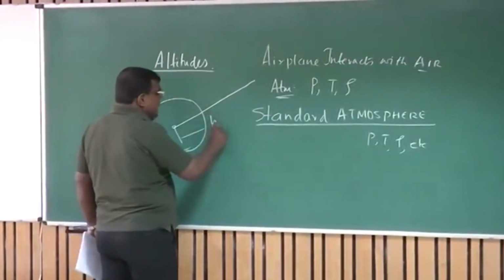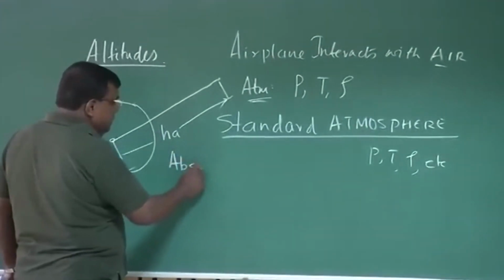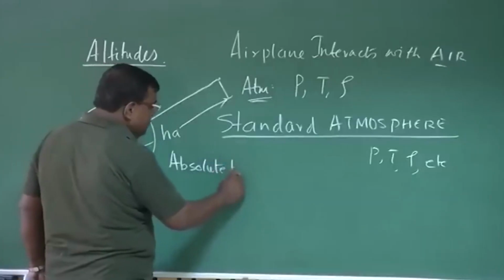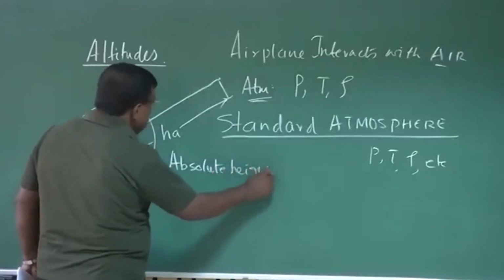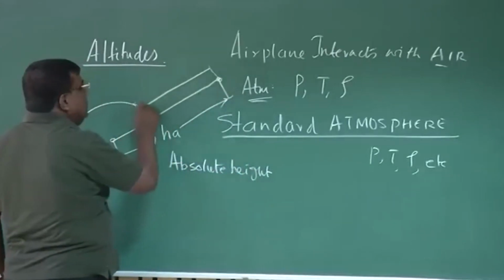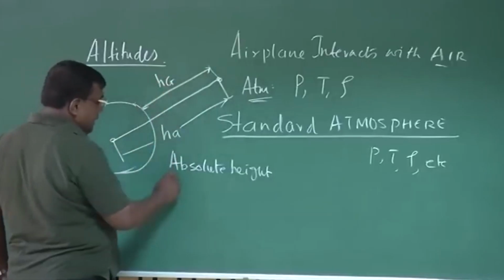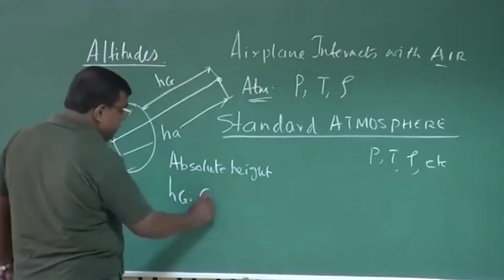One is HA, which we call absolute height. And we'll also define a height with respect to the Earth's surface, HG, and HG, we'll say geometric height.